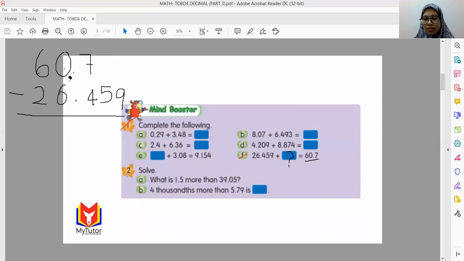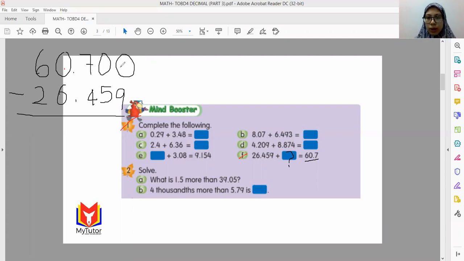So earlier we do not have 60.7, I mean, earlier we do not have a zero over here. But when you are subtracting and you have one more number, we have 7 over here and 4 at the bottom, but above 5 we do not have anything. So actually it's a zero. When you do not have any number above your numbers, you can put 0 to help you subtract.